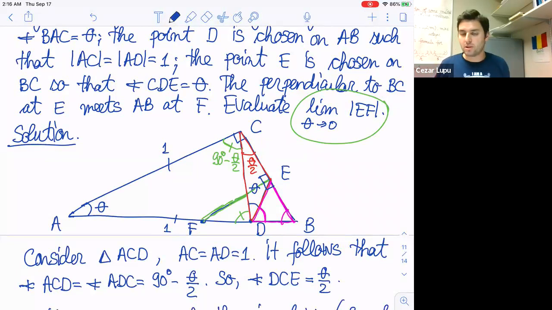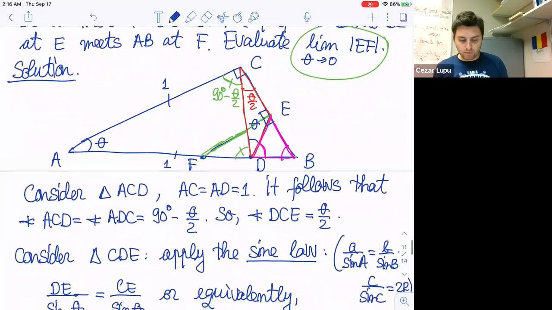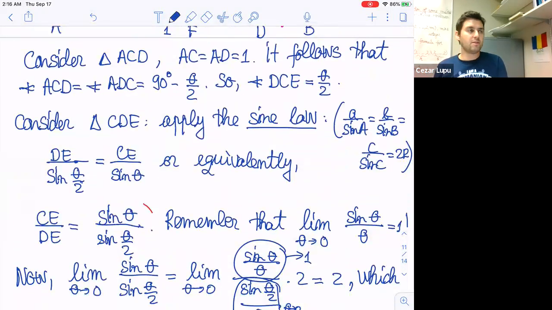Now we just do some angle chasing. When you compute it, you will get that the length of EF is nothing else than sine of theta over 2 over sine of 3 theta over 2, and then you can just apply L'Hopital or whatever. That is the official solution.